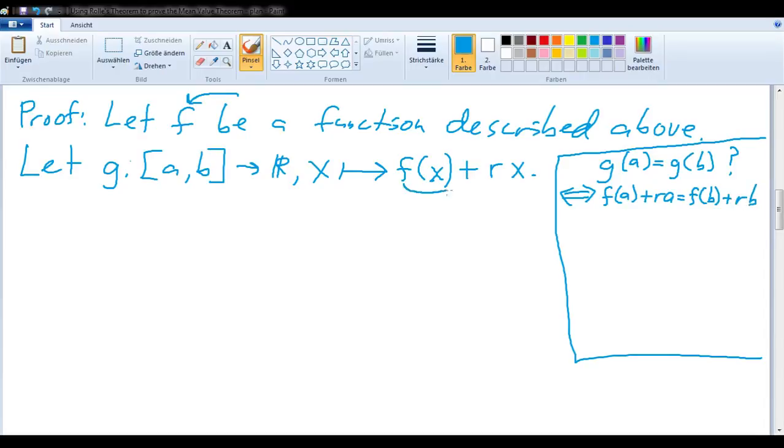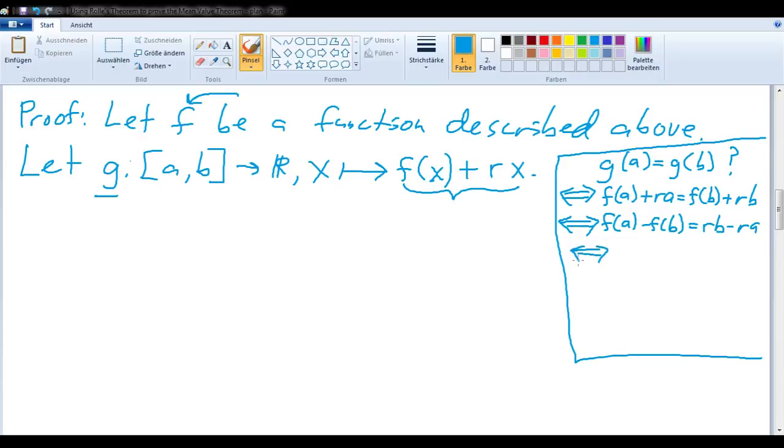We're just filling in the definition of our helping function g. And we could further rearrange this. Maybe we want to get these f's on the same side, so f of a minus f of b would be equal to rb minus ra.